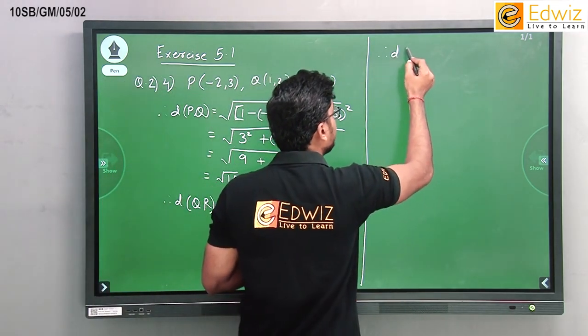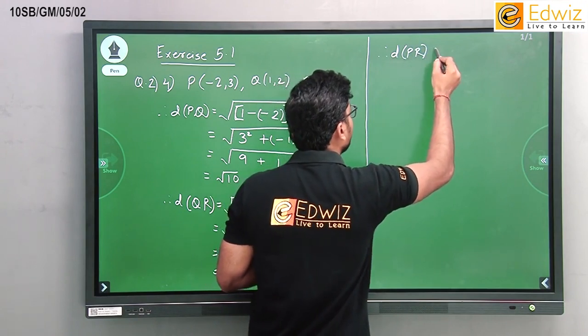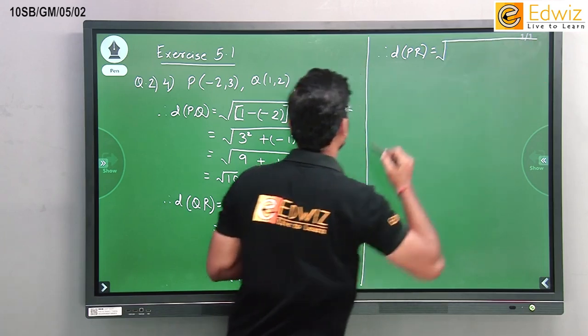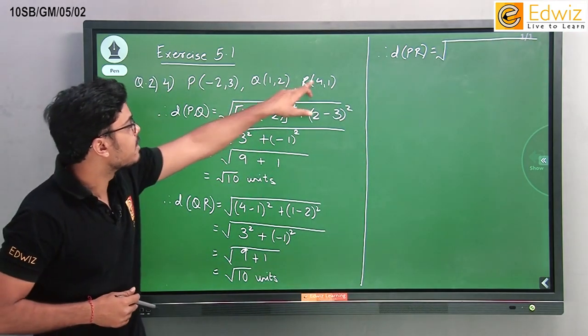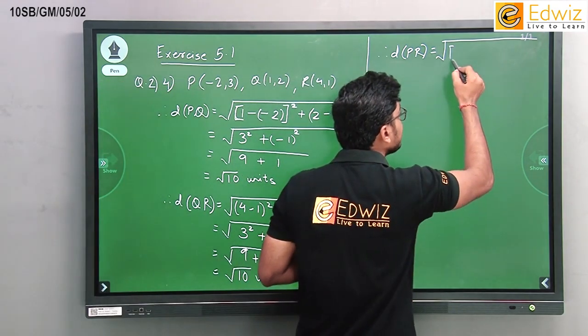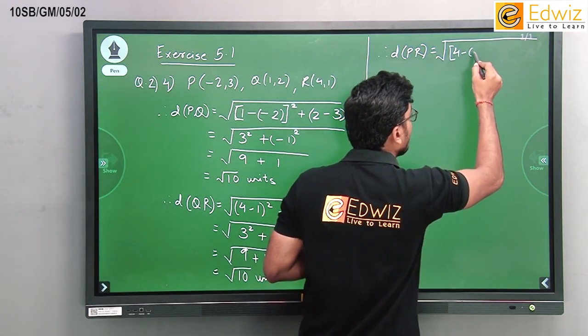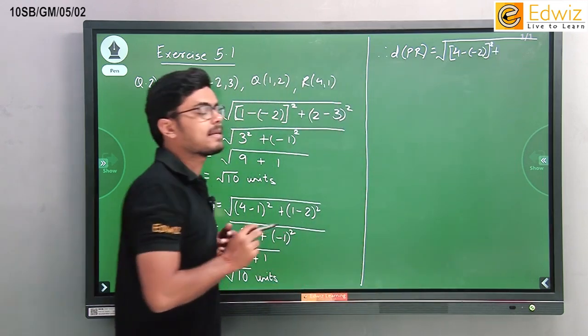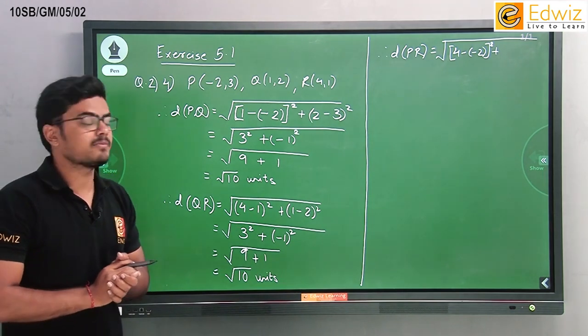What is that distance? Distance PR will be equal to square root of, okay, so x2 this time is 4 and x1 is minus 2. So 4 minus minus 2. Once again square bracket, the whole square. Okay, this is x2 minus x1 plus y2 minus y1.